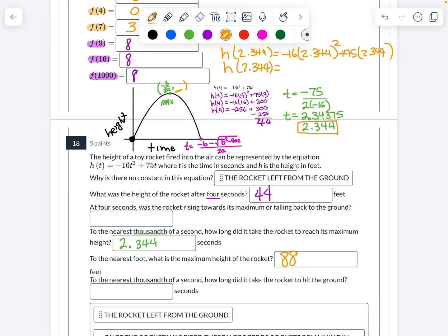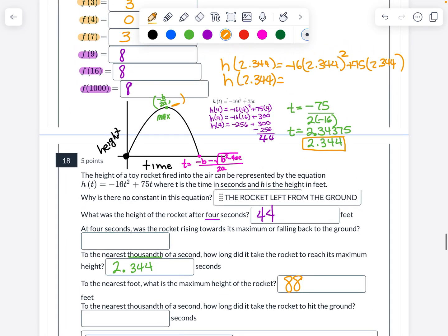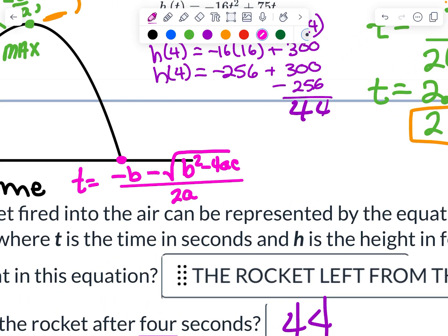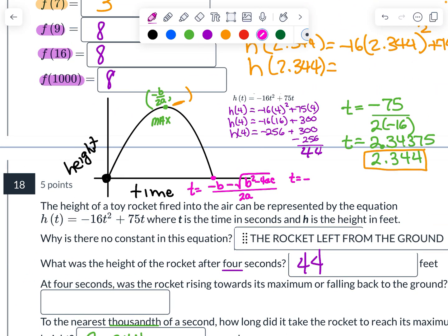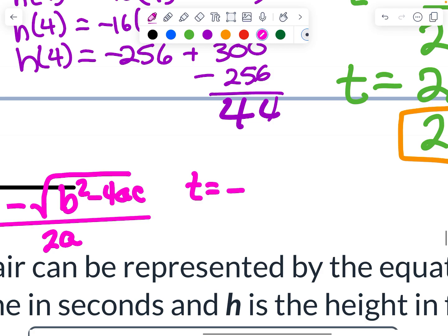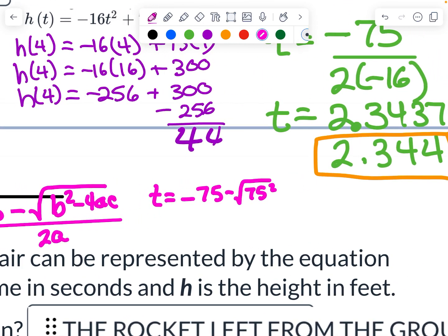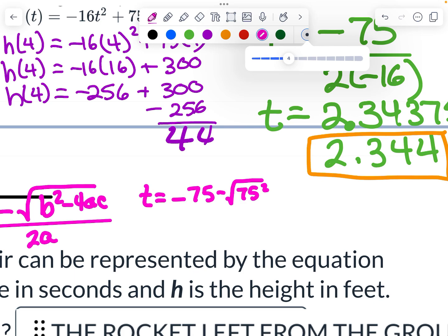Nearest thousandth of a second, how long did it take the rocket to hit the ground? All right, so we're going to do this in pink. t equals negative b, and b is 75, so negative 75 minus the square root of 75 squared minus 4 times negative 16 times c.